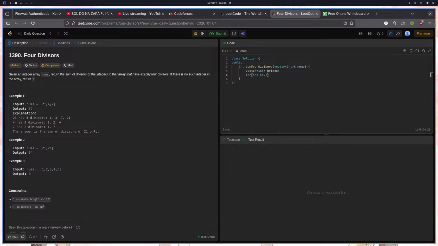For int i = 2, i <= 1e3, i++. प्राइम कैसे होता था. j = 3, j = i + 1, j * j <= i, j++.